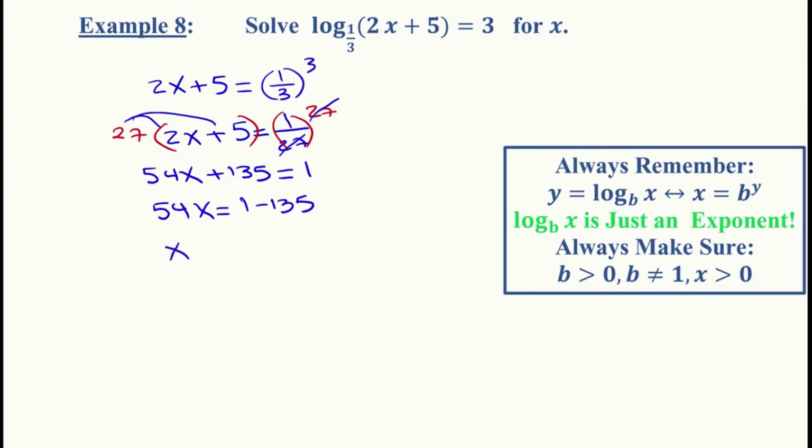So x, let's go one more step, 54x equals negative 134. So x is going to be negative 134 over 54. I know at least 2 goes into them, so that should be negative 67 over 27.